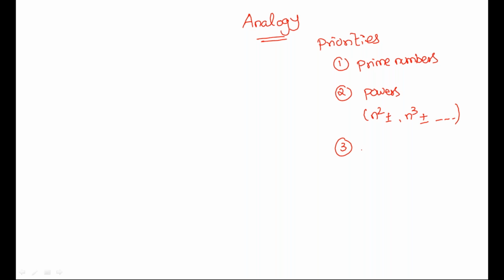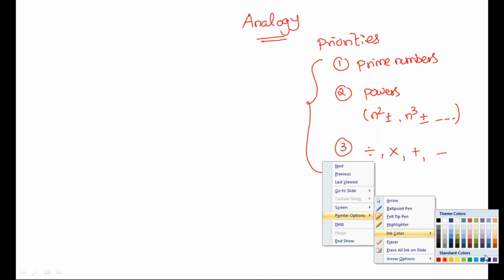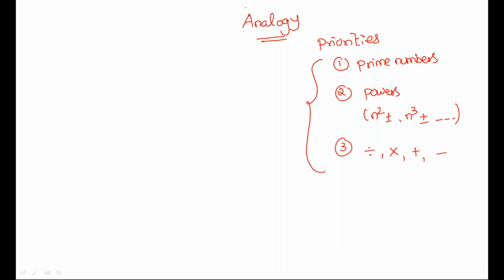Third priority, as we discussed, division, then followed by multiplication, addition, and subtraction. This is what we discussed in number series, but this is very, very important for the analogy concept. This is related to numbers, whereas in alphabets, vowels have the highest priority. First priority for vowels.